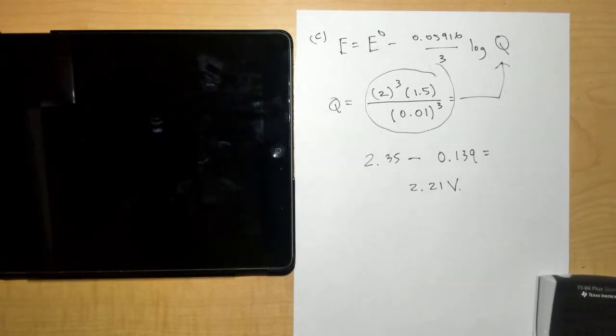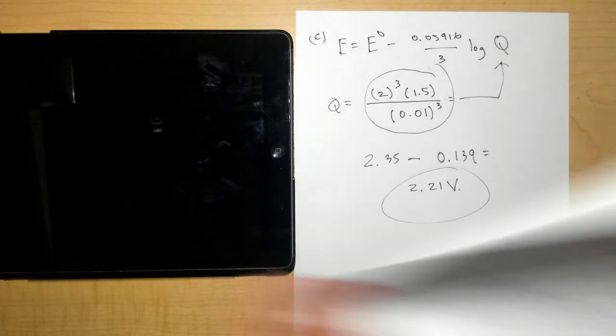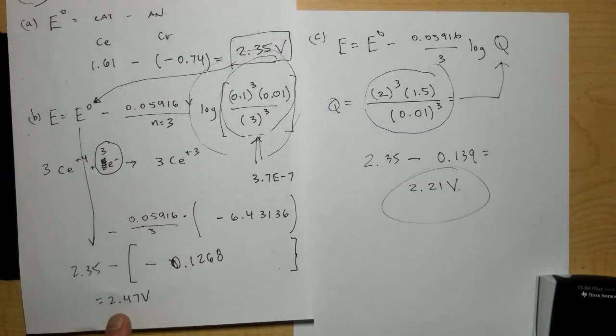So I can see that in this reaction I end up with a lower voltage, whereas in this one I ended up with a higher voltage, and I think that does number 66.